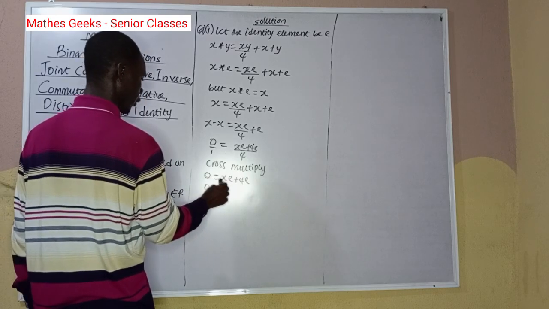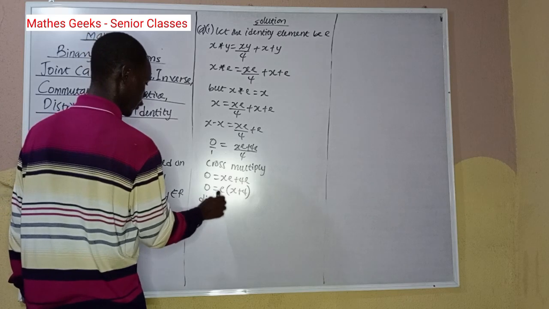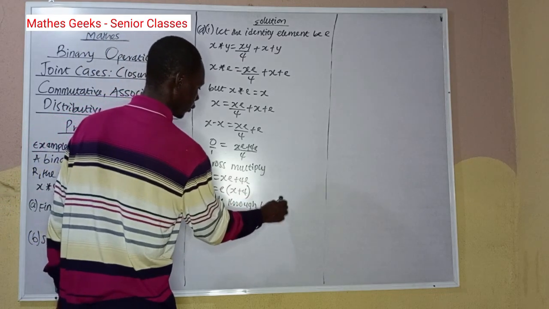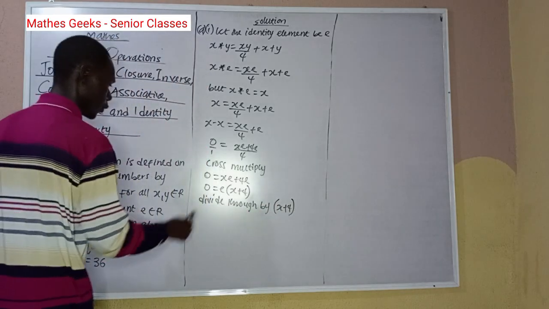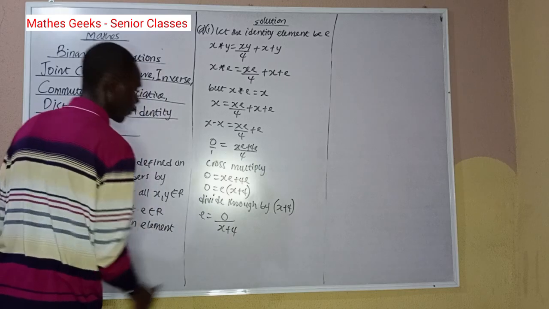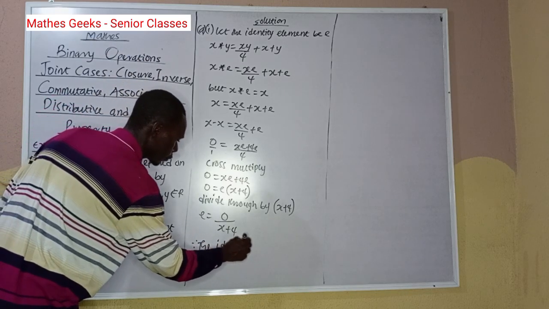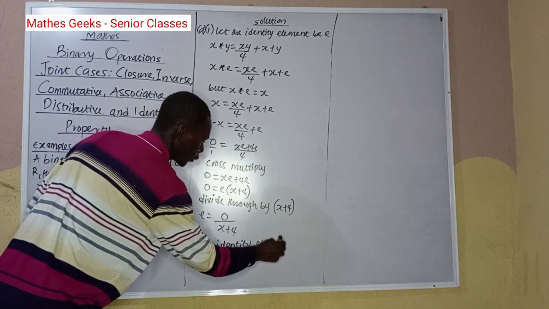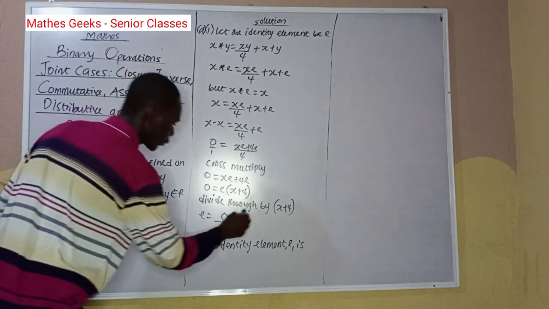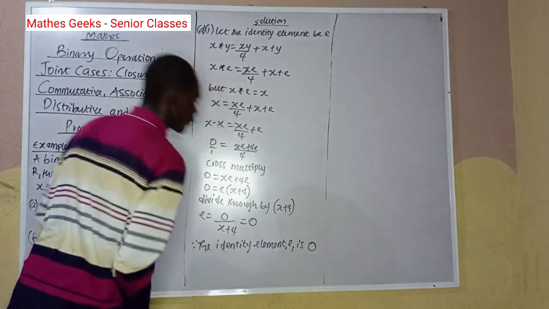And 0 is equal to e times x plus 4. Then divide through by x plus 4. We're going to have e is equal to 0 over x plus 4. Therefore, the identity element e is what? 0 divided by x plus 4 is 0. The identity element is 0.